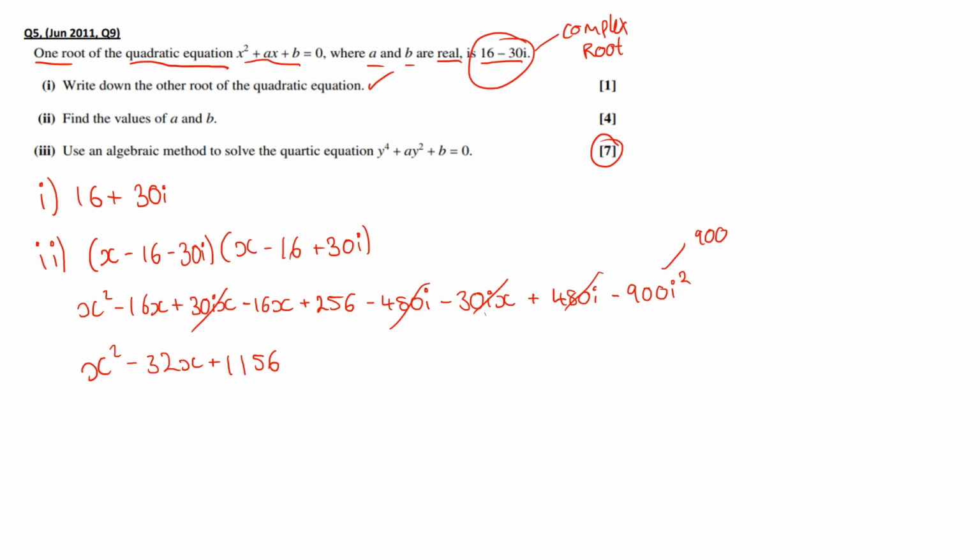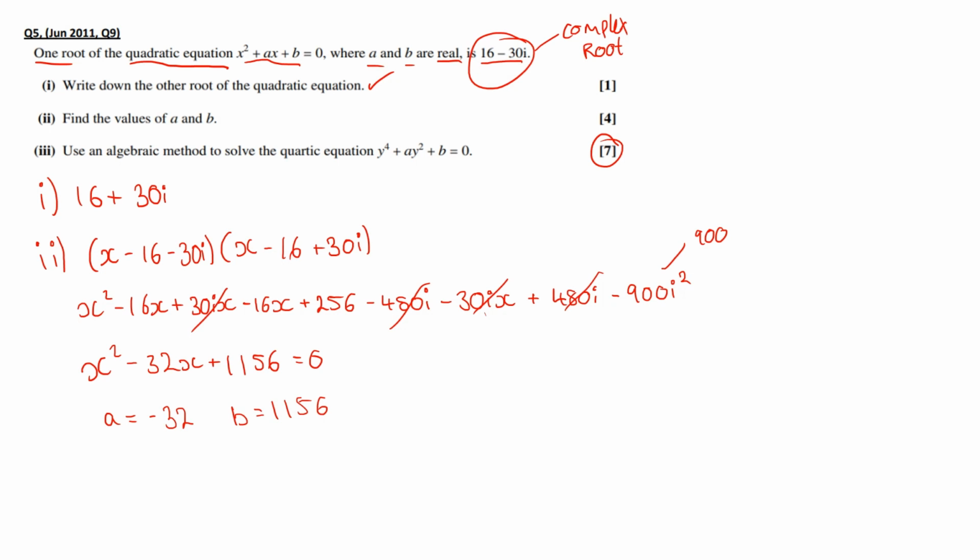So we've got this equals 0. So if we're trying to find a and b, then a is going to be minus 32, and b is going to be 1156. You can see that they're both real because we use those conjugates.